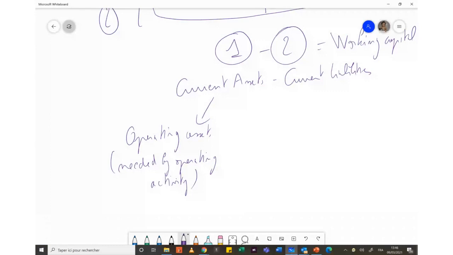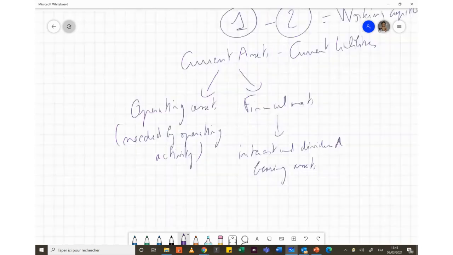And you have financial assets, so interest and dividend bearing assets. So we can earn some dividends or interest because of the financial assets. So we can suppose cash included.